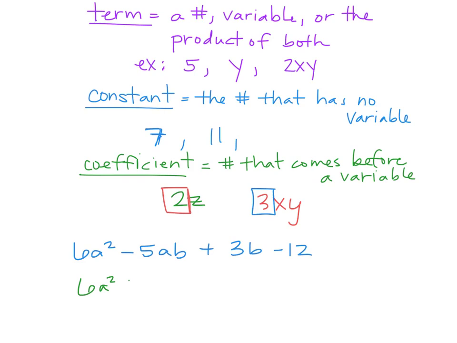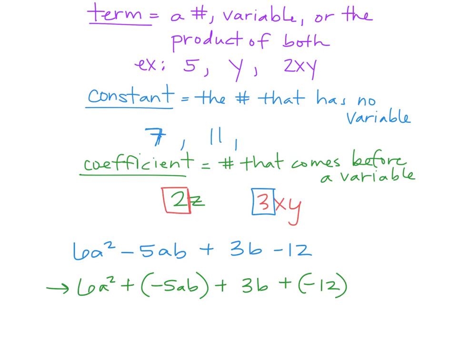So if I'm saying minus 5ab, that's the same as saying plus a negative 5ab plus 3b plus a negative 12. By the end of this course, you should be familiar enough with this that you don't have to do this. If you want to break it down right now to help you see it better, that's fine. But by the time you get done with Algebra 1A, you shouldn't have to. So if you want to try without doing that, go for it.